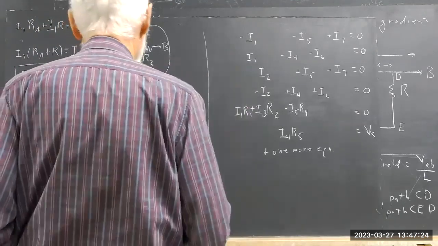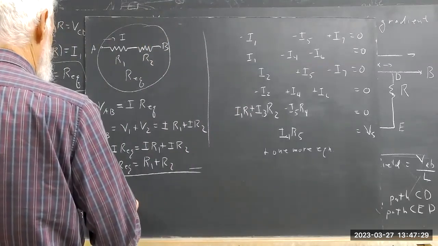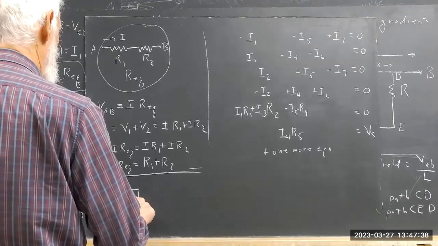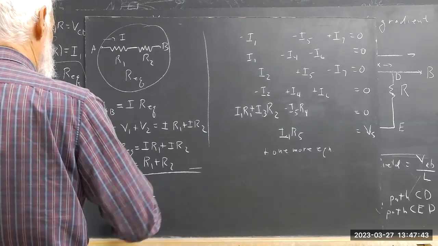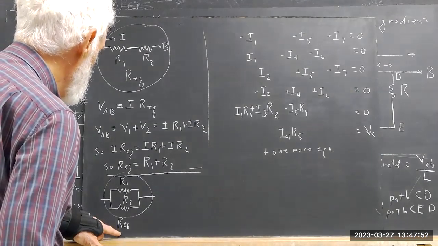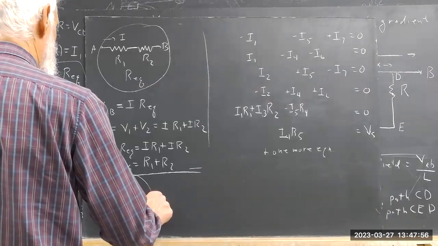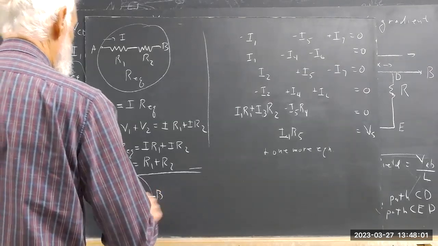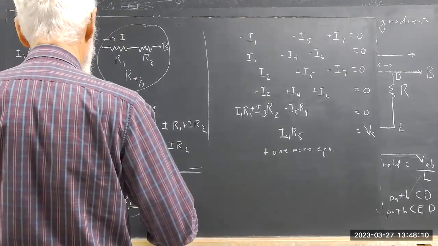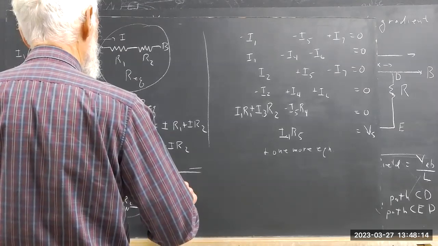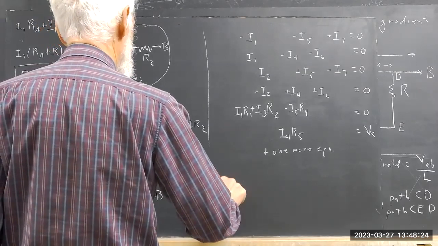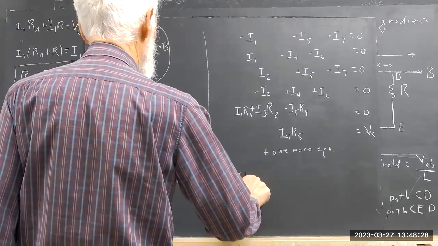Now, if you've got resistors in parallel, we want R equivalent. There's some voltage VAB here. The voltage change across R1 would be VAB.